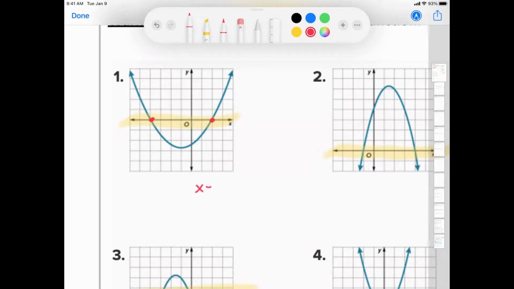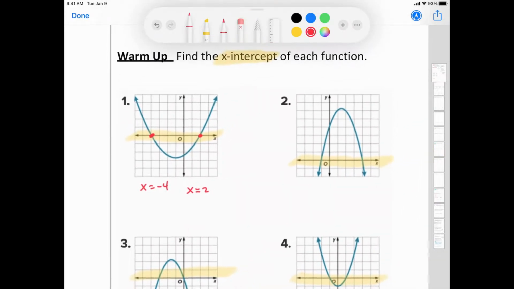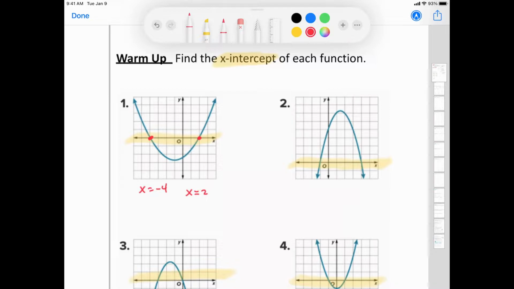The first one is x equals 2, and over here it is x equals -4. So we would say that this graph has 2 real solutions, x equals -4 and x equals 2. What does it mean to be real? It just basically means that it crosses the x-axis.